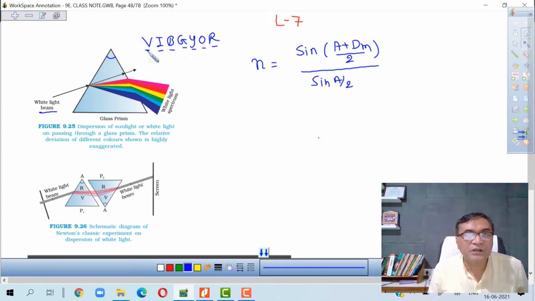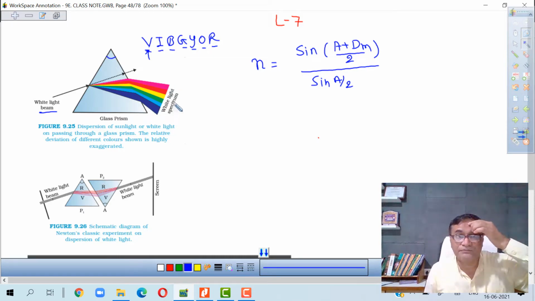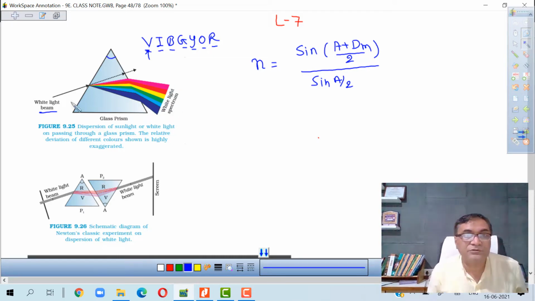Violet is at maximum deviation and the upper one is the red color. In fact, there is no sharp separation, there are overlaps, because in sunlight there are so many wavelengths, so we get a mix also.